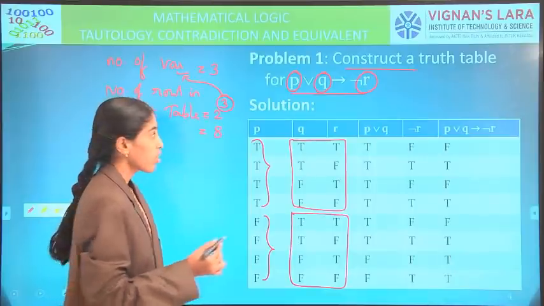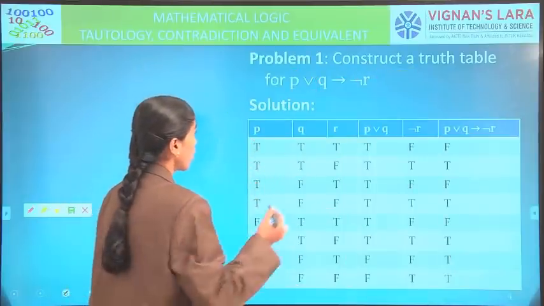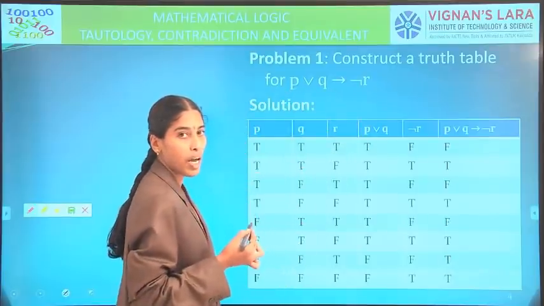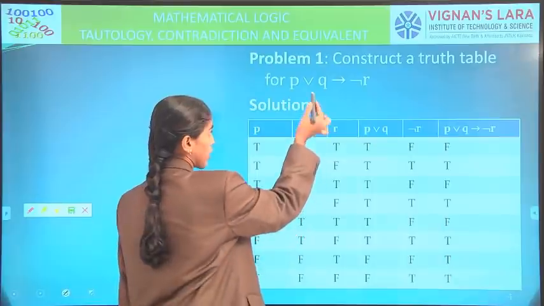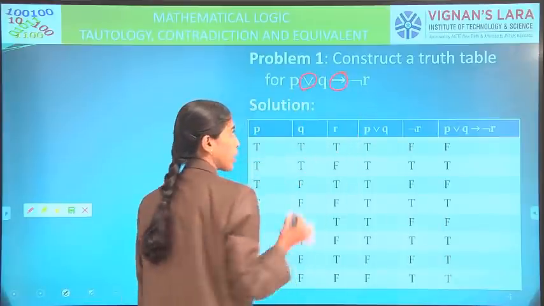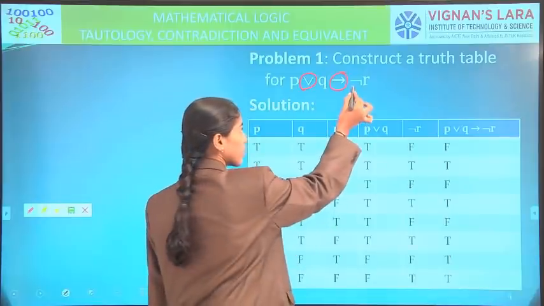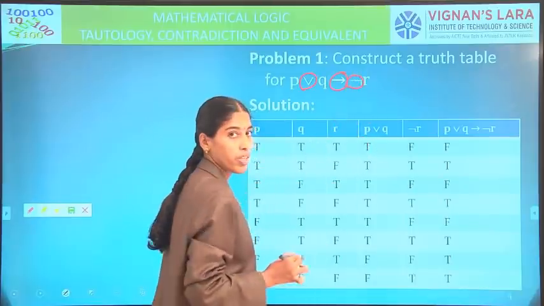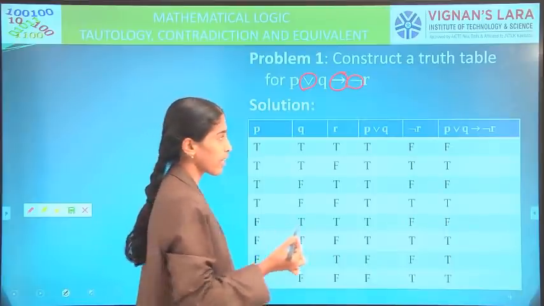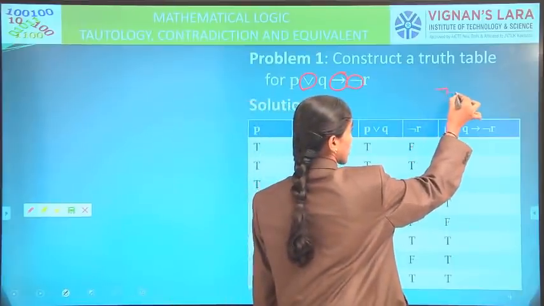Now, if we observe the given proposition, here we have three connectives. One is OR, the second one is implication, and the third one is negation. So, according to the order of precedence of the logical connectives, which we already discussed in the last class, the first preference is for negation.